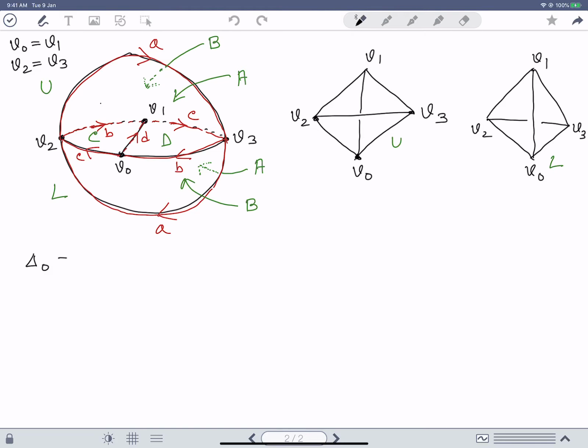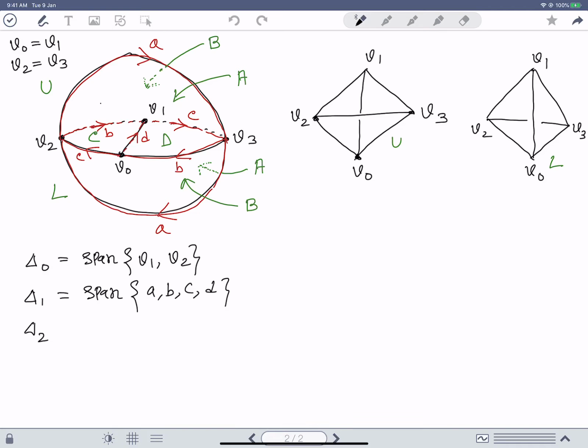Therefore delta 0 is the span of the vertices. So we have two vertices, say V1 and V2, and delta 1 will be the span of four edges, right? So a, b, c, d.